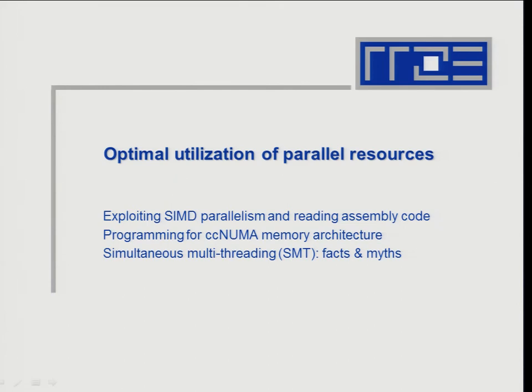You've heard a lot about SIMD already. We want to dig a little bit deeper, and proper programming for CC-NUMA page placement. So how do we make sure that the memory ends up in the NUMA domain where you want it to be, where it has to be? There's also a part about simultaneous multithreading, but I think we will skip that for brevity.